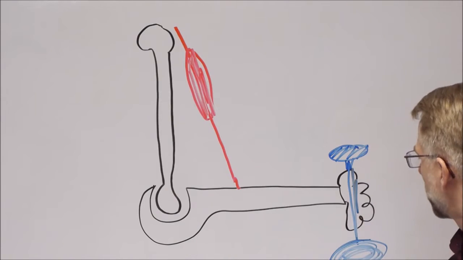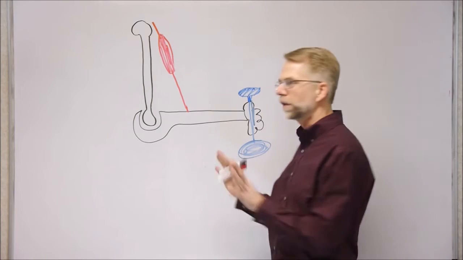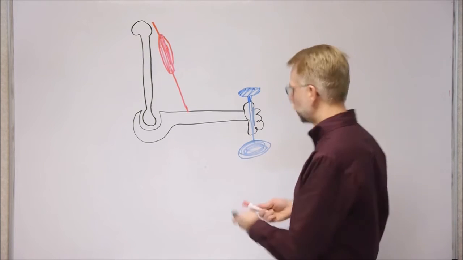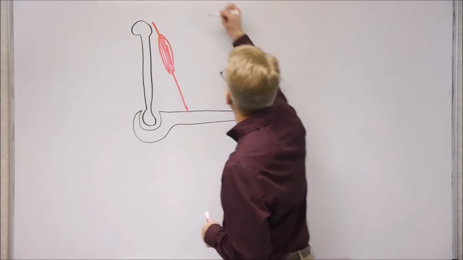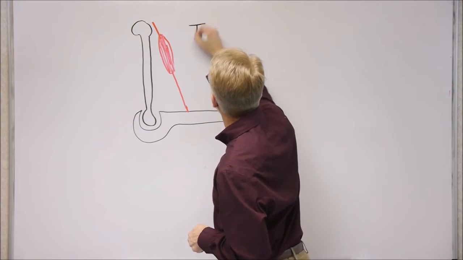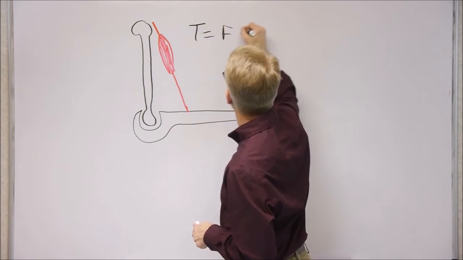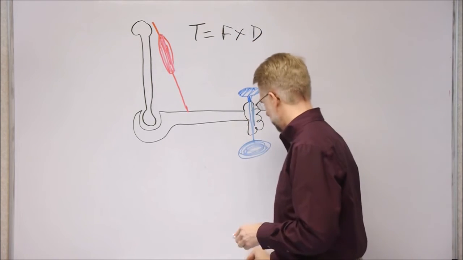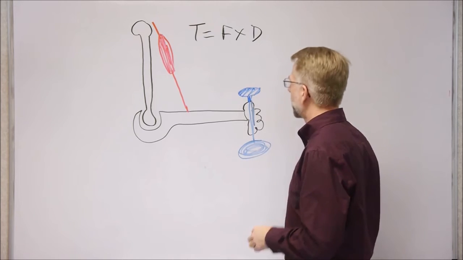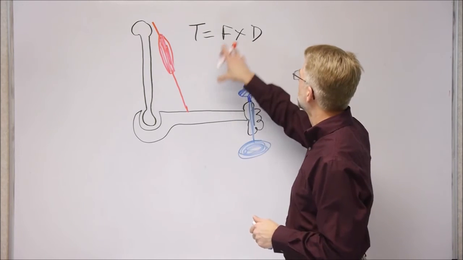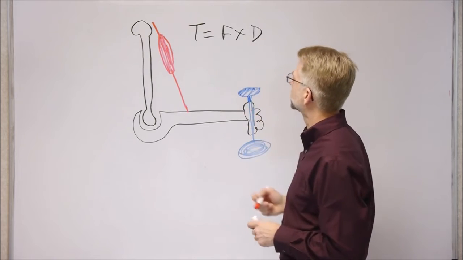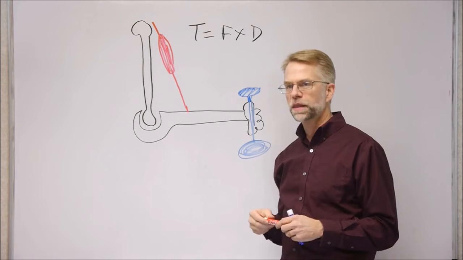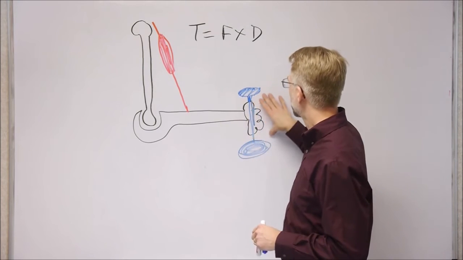Now when we apply it to a biomechanical example like this, it's all the same concepts, but we use different terms. You'll remember the formula for torque in general was that torque was force times distance. In the biomechanical model, we rename what this force and distance is. We have forces or torques created outside the body, i.e. torques created by the weight.